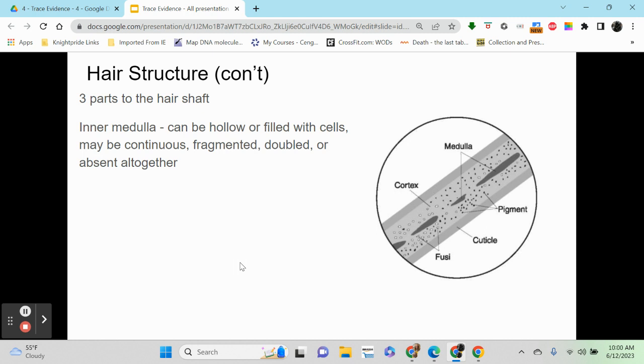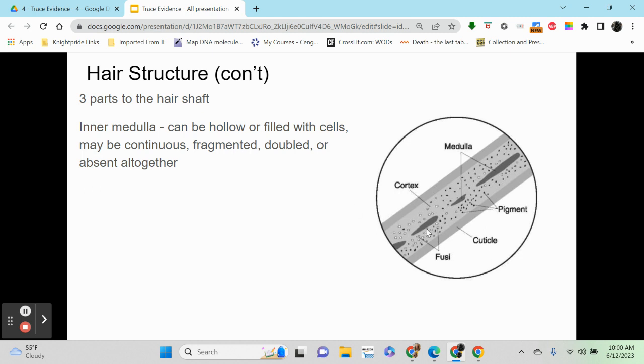So the inner medulla oftentimes is going to be a colored portion in the hair. When I say colored, it's normally going to be a dark line that shows up. Now, this particular one shown in this picture has been fragmented. Fragmented is one of the terms associated with that.